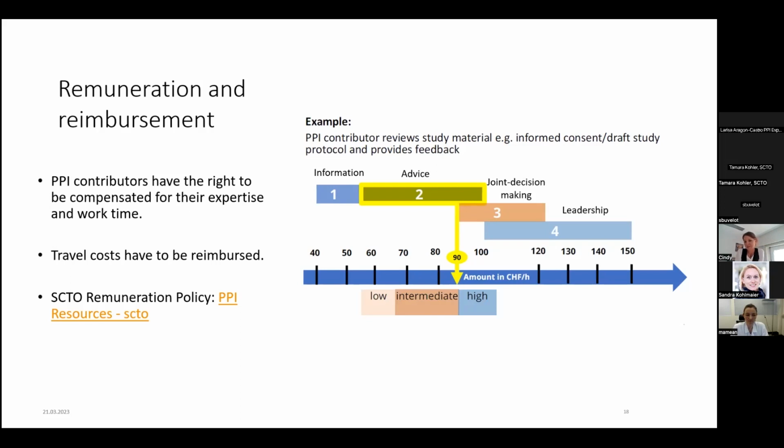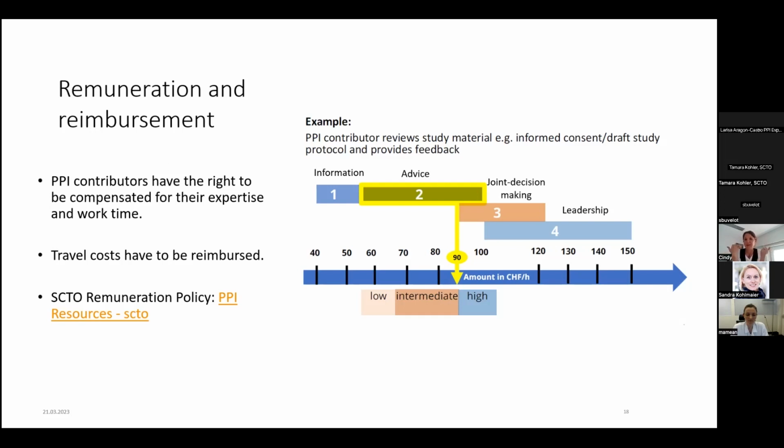And this amount is really adapted according not only to the level of engagement, whether it is for information, advice, joint decision-making or leadership, but also the expertise of your contributor.